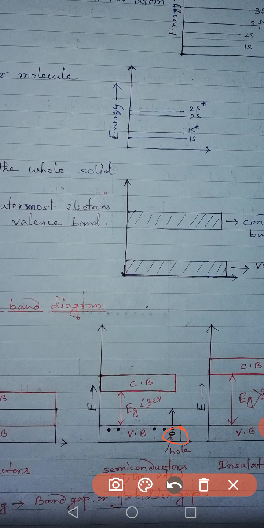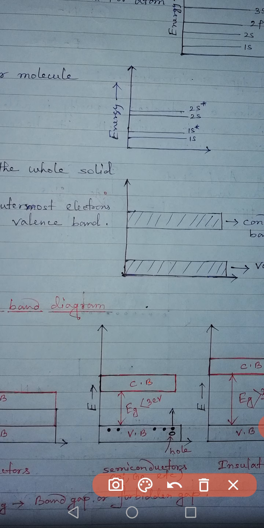In the same way, suppose I have drawn 5 electrons, 2 this side, 3 this side. If all these 5 electrons move to the conduction band, how many holes will be created in the valence band? 5 holes will be created. These 5 holes will be considered positive charge carriers, and the electrons moving to the conduction band will be considered negative charge carriers. So in a semiconductor we have two types of charge carrier: one is the positive charge carrier, the holes, and the other is the negative charge carrier, the electrons.